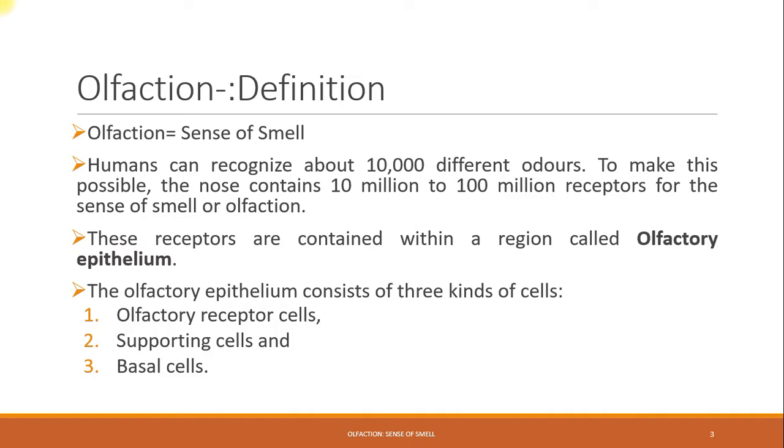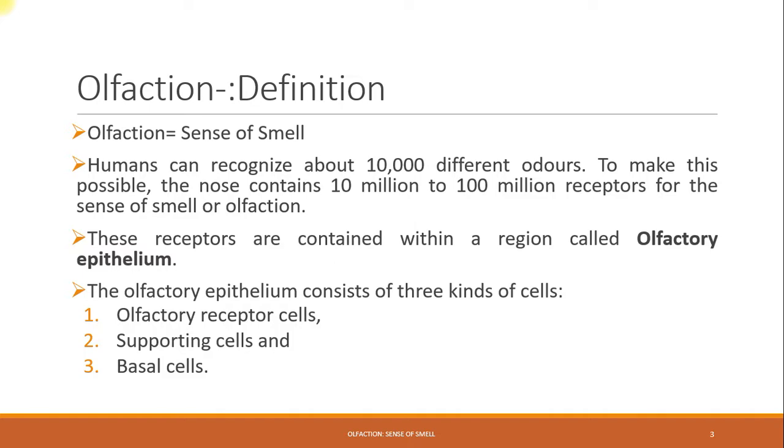See the number of receptors present for the olfactory sense. It is much greater than that of gustation. In gustation there were only 10,000 taste buds, but in olfaction there are 10 million to 100 million receptors.